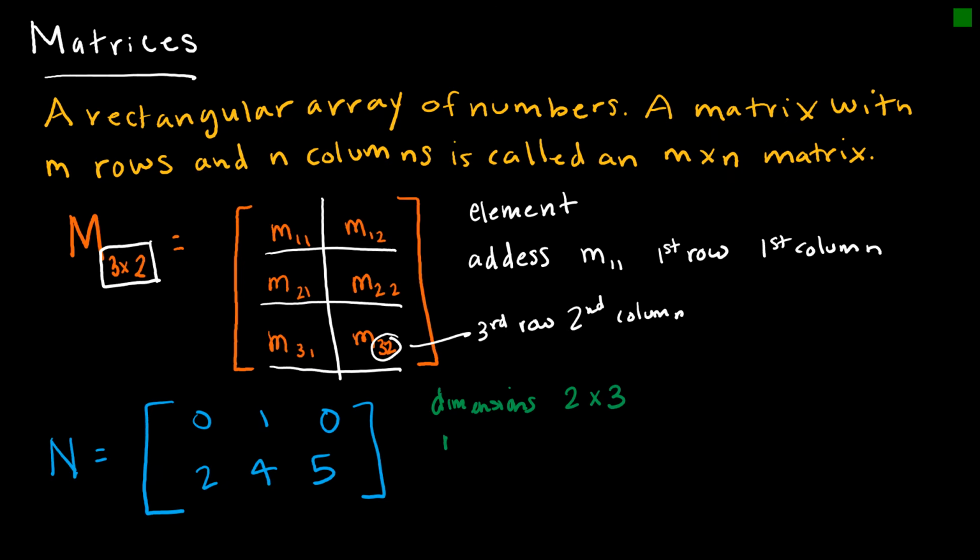If I wanted N 2, 3, what would that value be? So N 2, 3 means an element in matrix N, and this says my second row, so I'm looking at this row, and this says my third column, and so that value is 5. So again, this would be called the address, and this is the value of the element.